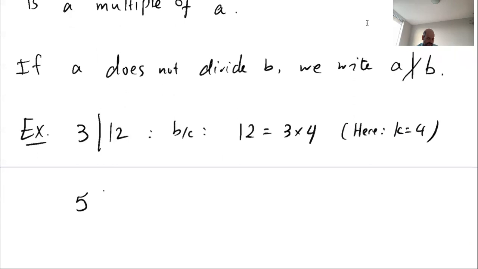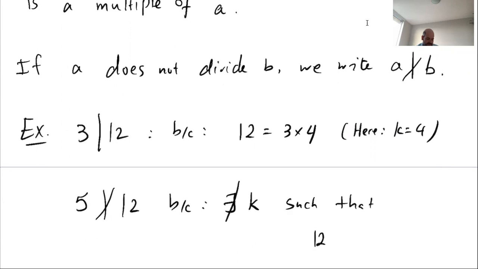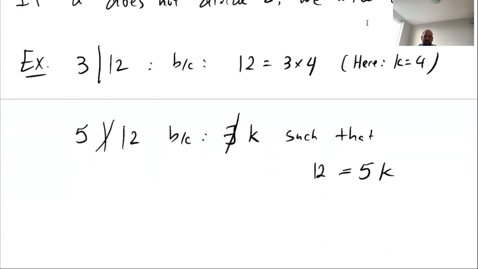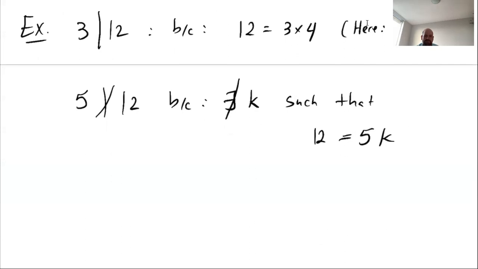Or let's say 5 does not divide 12 because there exists no integer k such that 12 can be written as 5 times k. 5 times an integer k is a multiple of 5, but 12 is not a multiple of 5, so 12 cannot be written as 5k. So there is no k such that 12 is equal to 5k.